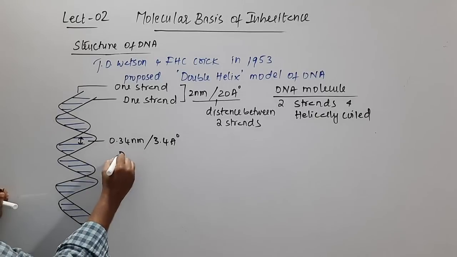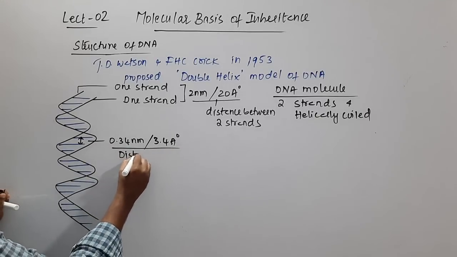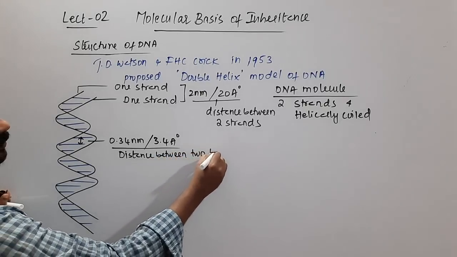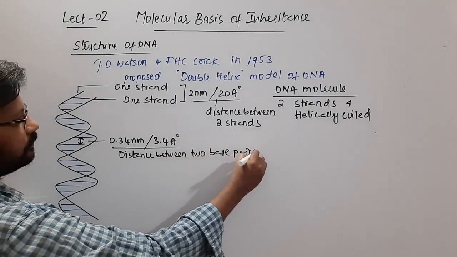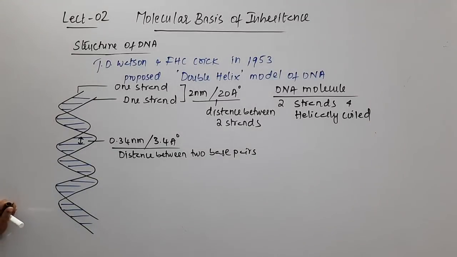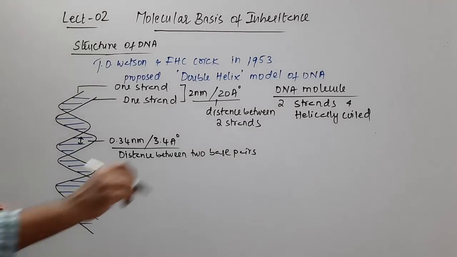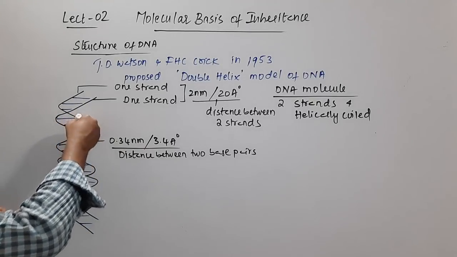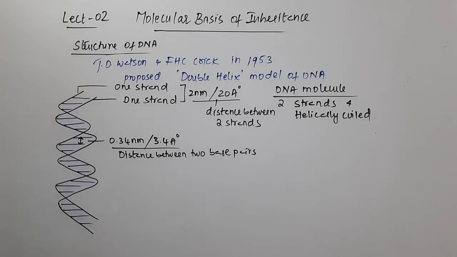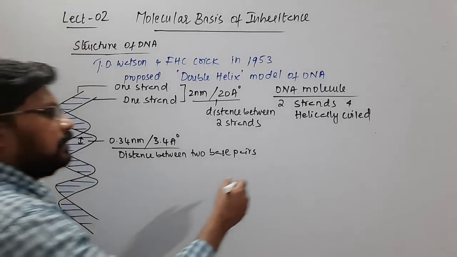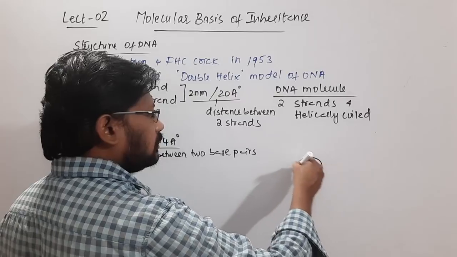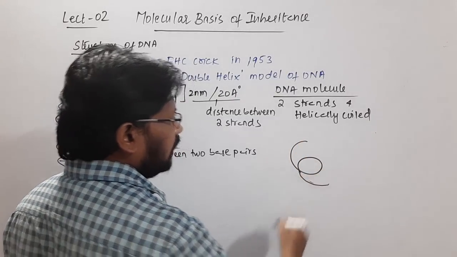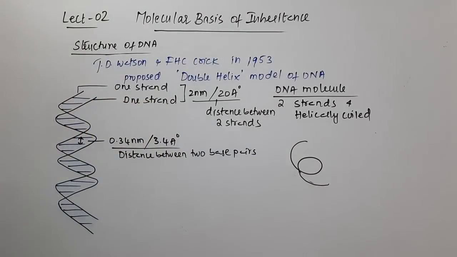So this is the distance between two base pairs. Now here one coil, right? One coil is what we call a pitch, and in this pitch you will see 10 nitrogen bases.